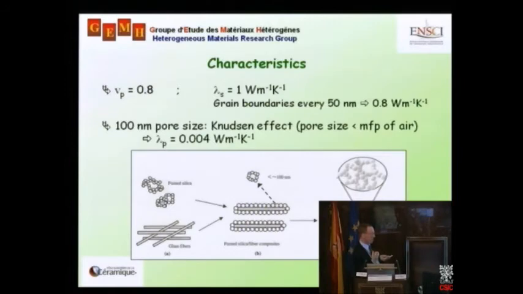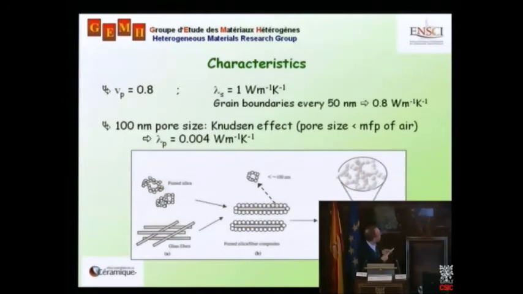So this restricts the propagation of heat through the gas. So the effect of that is to reduce the thermal conductivity of the pore. So if you make very small pores, you can reduce the thermal conductivity of the gas inside. This is a way of reducing thermal conductivity. And then finally, the system has glass fibers to make sure that it all holds together. Okay?